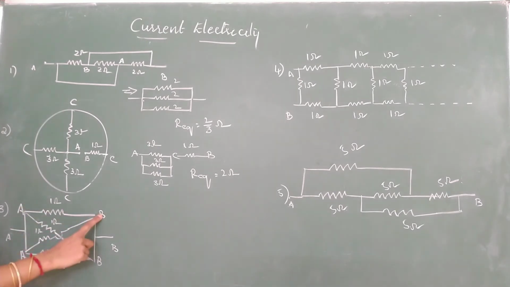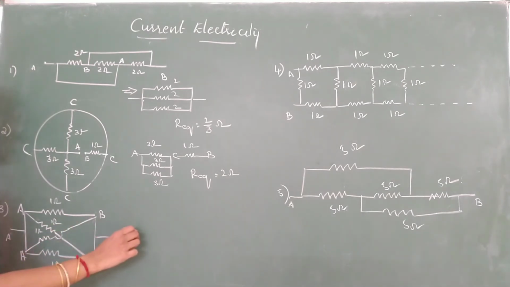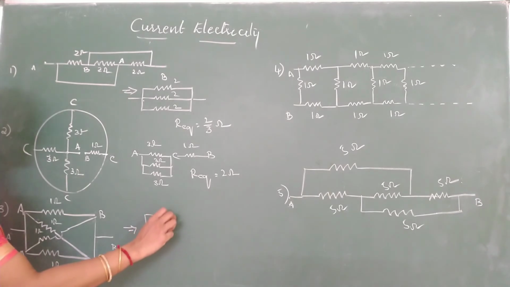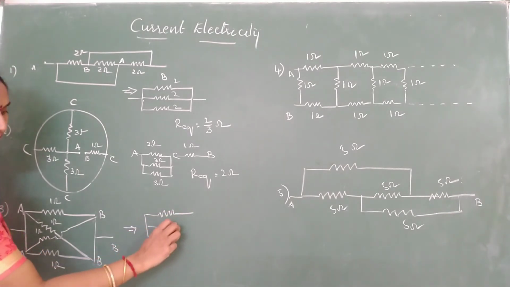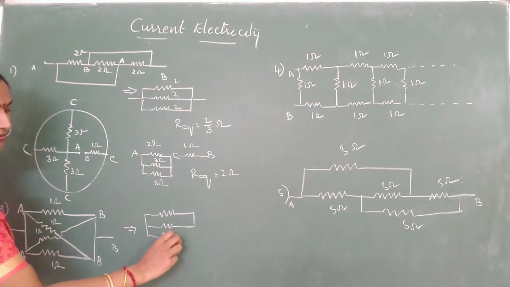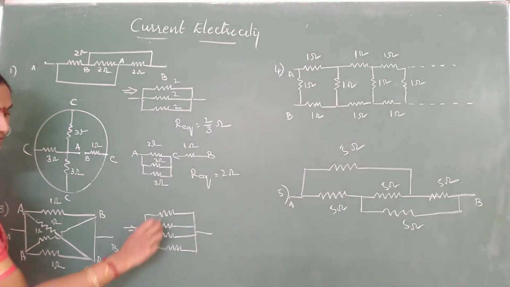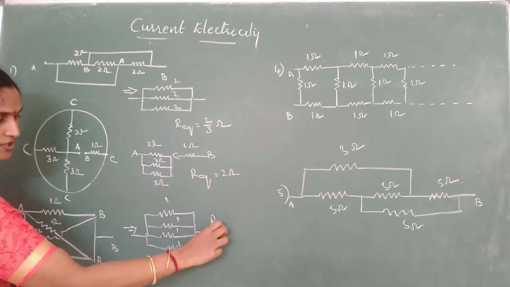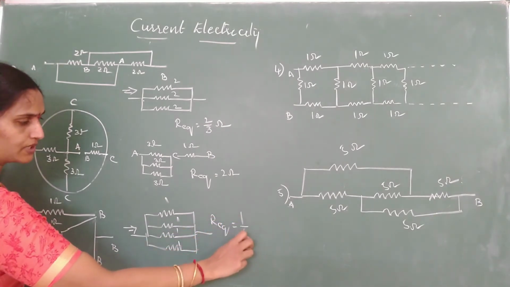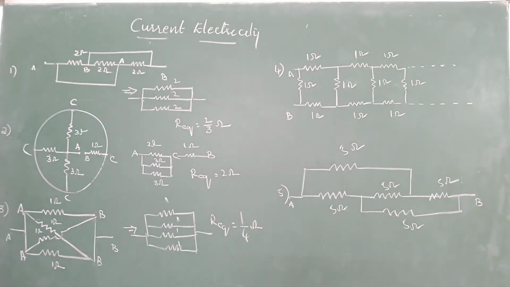Between A and B. The second, between A and B. The third is also between A and B. The fourth is also between A and B. So what is this equivalent to? Four resistors, each of 1 ohm, connected in parallel to each other. The answer: 1/4 ohms.